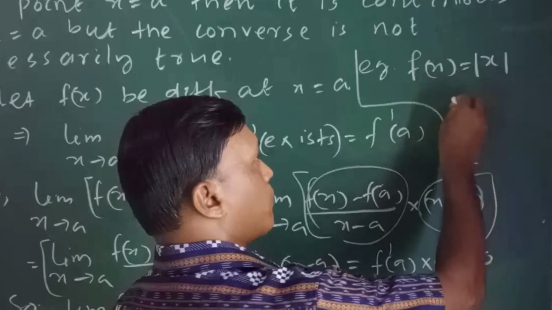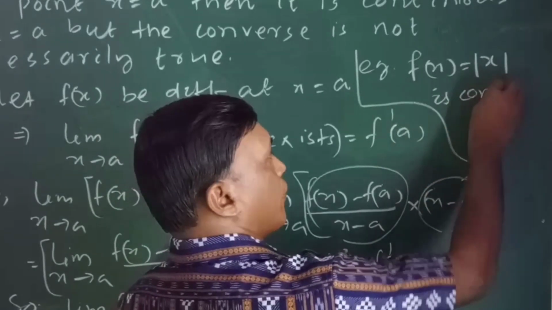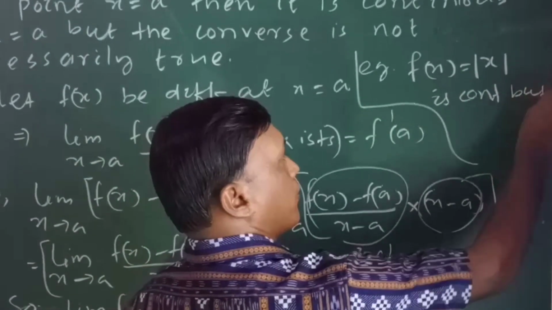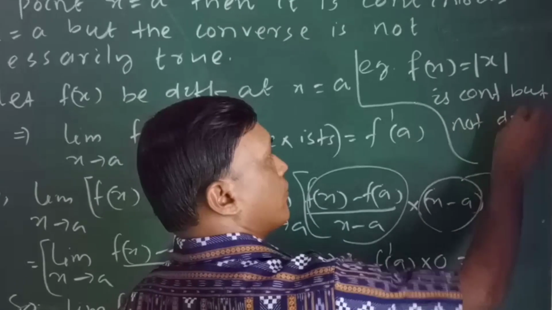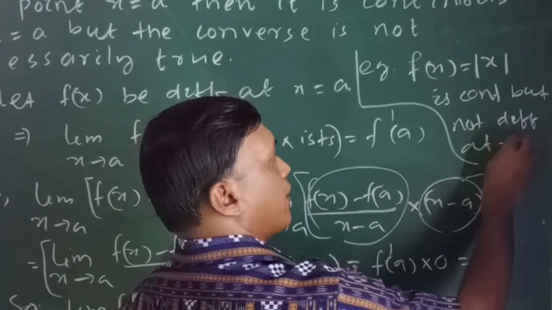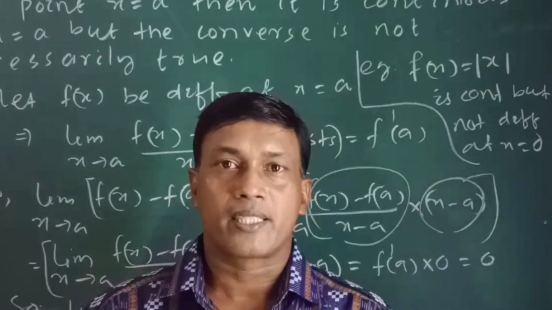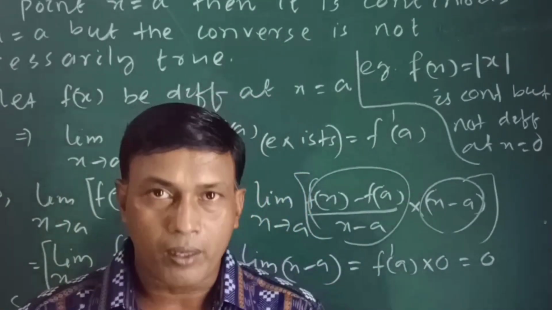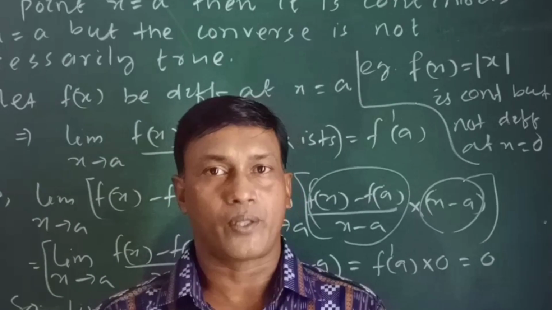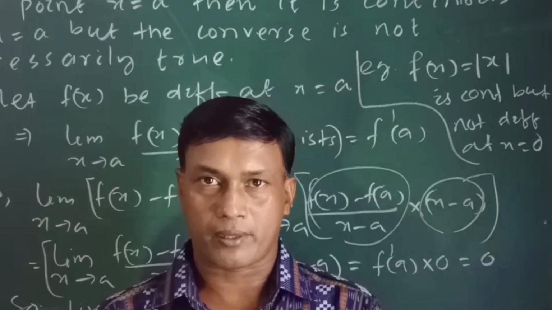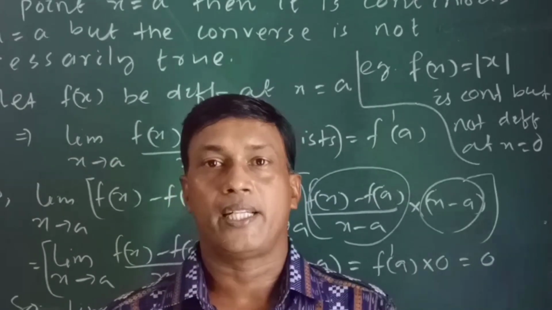F of x equal to x mod is continuous but not differentiable at origin. So the theorem says if a function is differentiable at a point, then the function is continuous at that point, but the converse is not necessarily true.